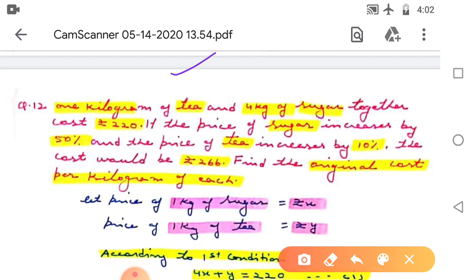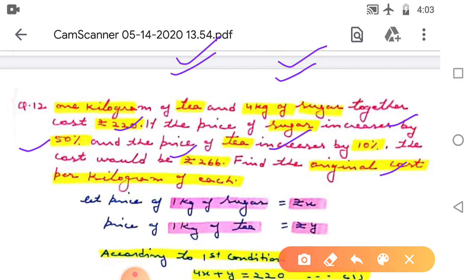Okay, come to question number 12 here, and the question is: 1 kilogram of tea and 4 kilogram of sugar together cost 220 rupees. If the price of sugar increases by 50% and the price of tea increases by 10%, the cost would be 266.